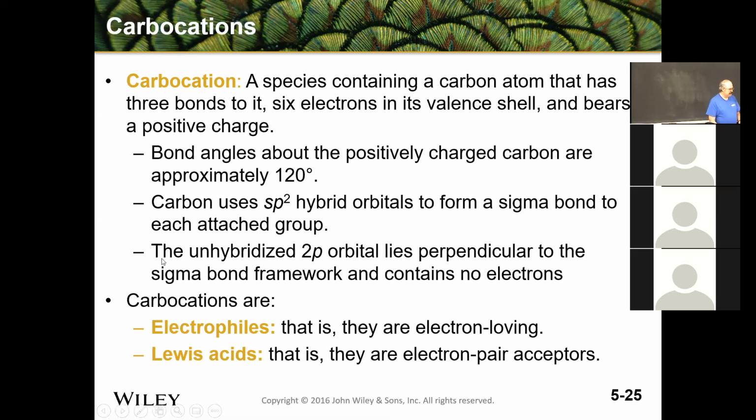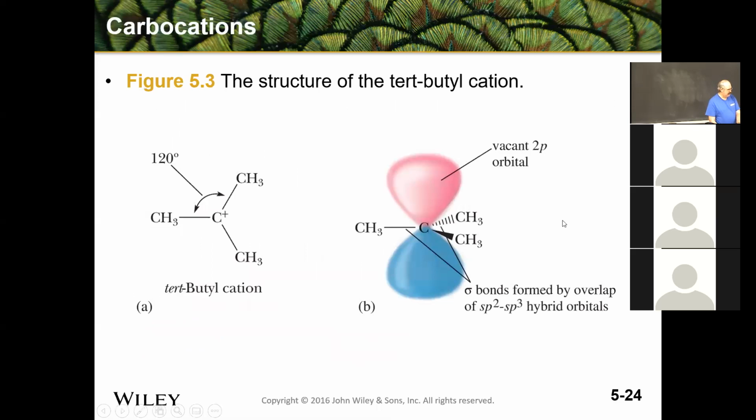The hybridization, which of course corresponds to the geometry, is sp2. And going back for a minute, these sp2 orbitals form sigma bonds with these other carbons or hydrogens in the case of other carbocations.